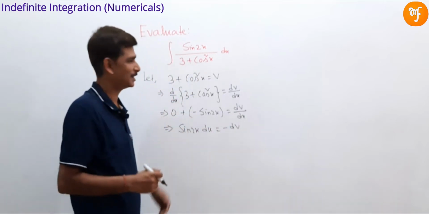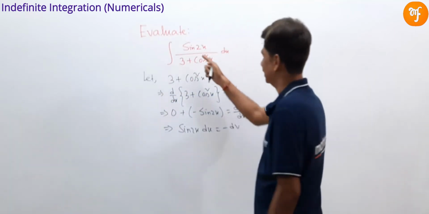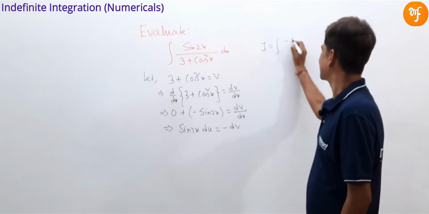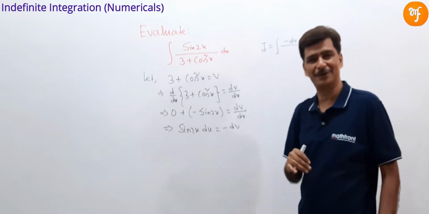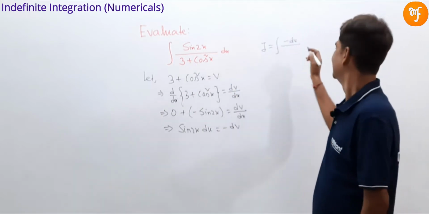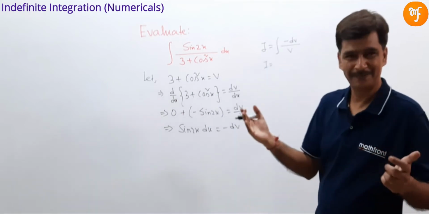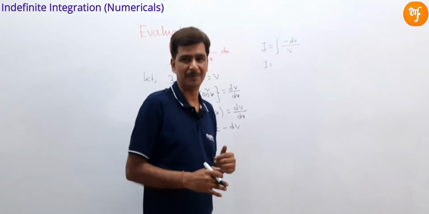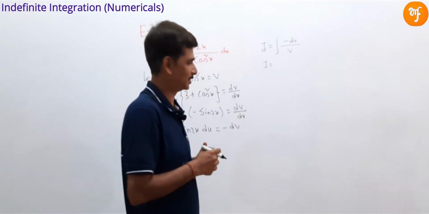Now what is the integration? The integration becomes I is equal to, instead of sin 2x dx we are writing minus dv. So this is minus dv, and instead of the denominator function, that is 3 plus cos square x, we will write v. So this is v. So now it is very clear. Integration of minus dv by v, that is minus of the integration of dv by v, which is log of mod v plus c, where c is the integration constant.